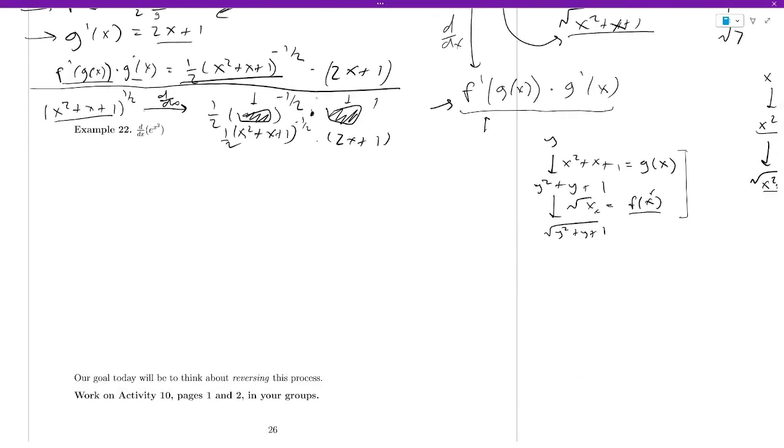I want to do the derivative of e to the x squared. By the way, just a side note, if you ever see e to the x squared, looking at it, it could mean two different things, right? Maybe it means e to the (x squared), or maybe it means (e to the x) squared.